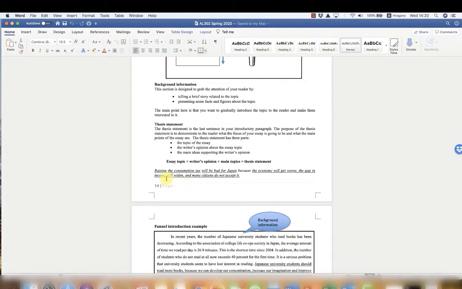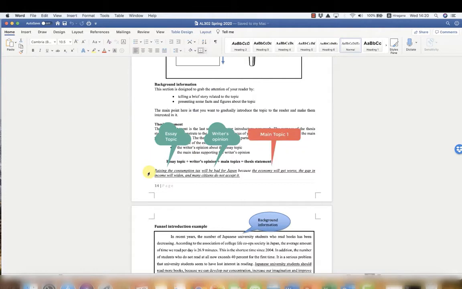So if we look at the example on page 14, raising the consumption tax will be bad for Japan because the economy will get worse, the gap in the economy will widen, and many citizens do not accept it. So the topic, the essay topic, is raising the consumption tax. The writer's opinion is that it will be bad for Japan.